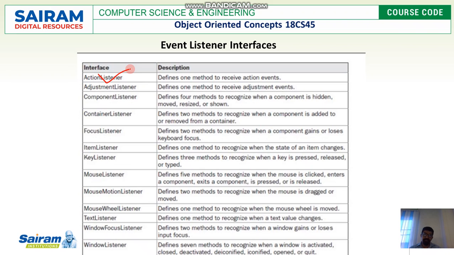What each method is going to do, we decide. So when you implement these interfaces, you have to implement those methods. For example, the action listener interface has a few methods that do not have any implementation or body. What the method is supposed to do, you can decide.